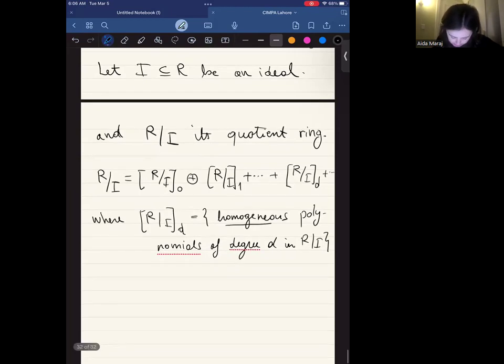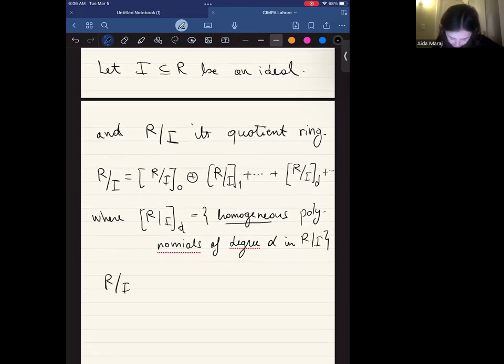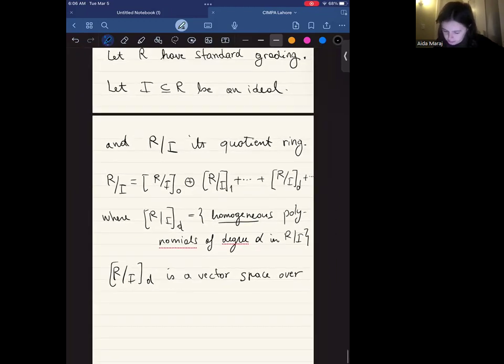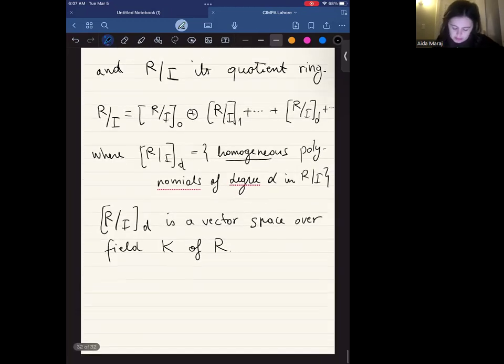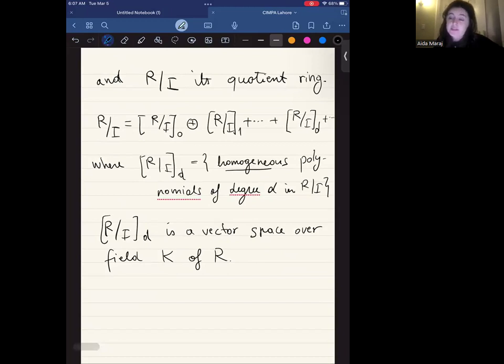And so now this R mod I D is a vector space over, let's say, K, where K is our field K of R. And as a vector space, it has a vector dimension.